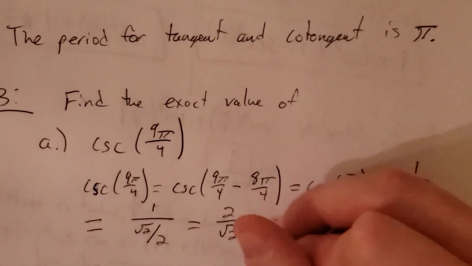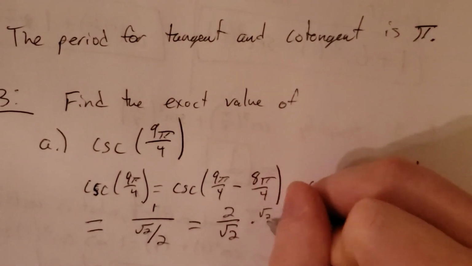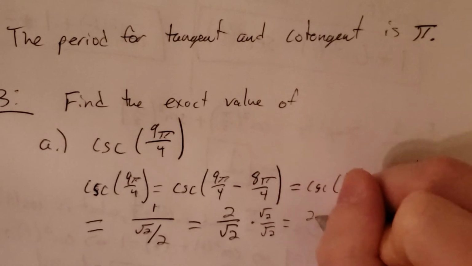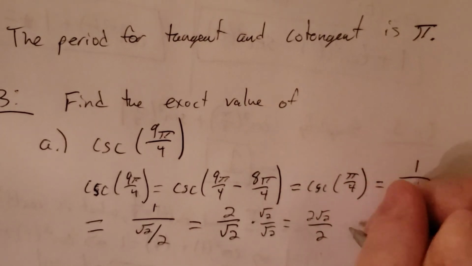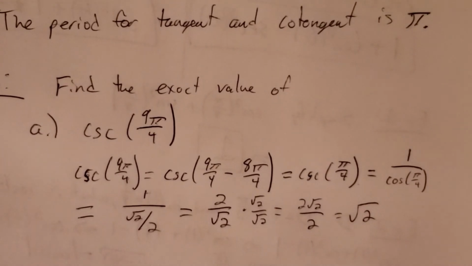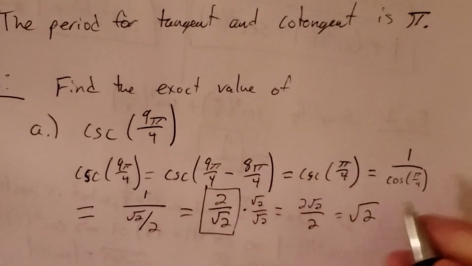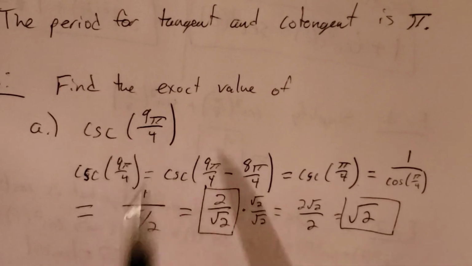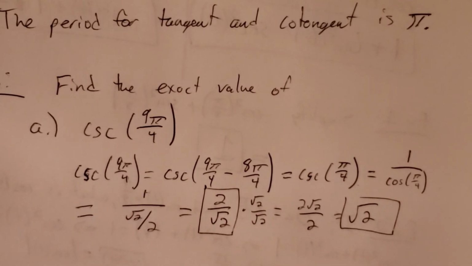You might also see this version, where if we multiply by root 2 over root 2 here, we get 2 root 2 over 2, which is root 2. So you may also see that as an answer, but 2 over root 2 is fine for me. But this is the exact value of cosecant of 9 pi over 4.